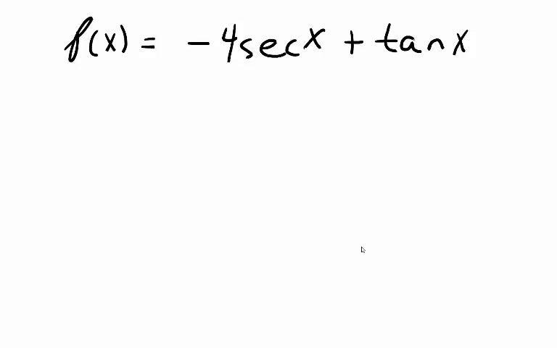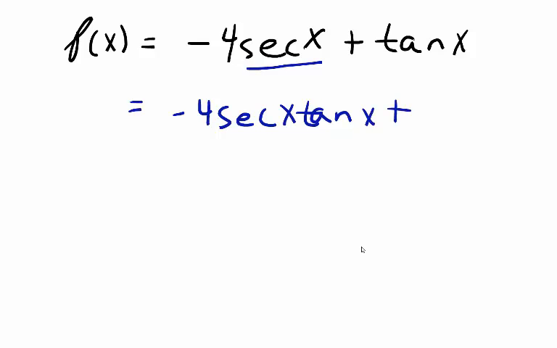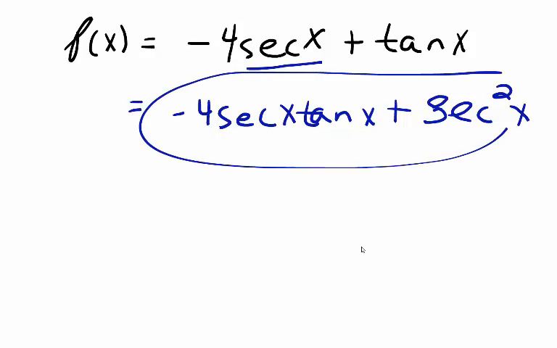The derivative of secant of x is secant x tangent x. So our first piece becomes negative 4 secant of x tangent of x. And the derivative of tangent of x becomes secant squared of x. That's it.